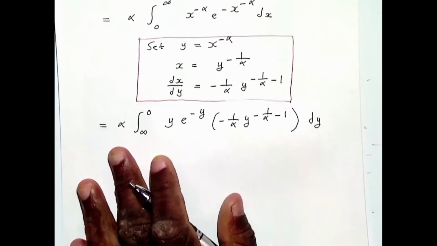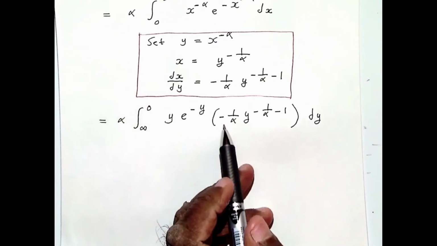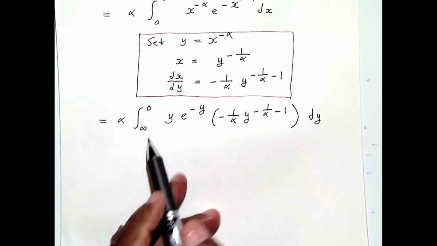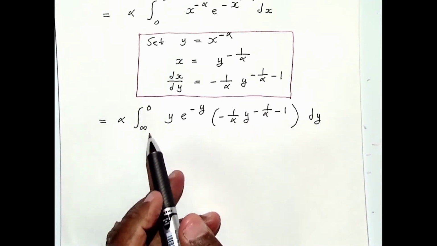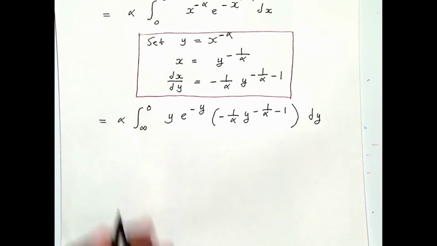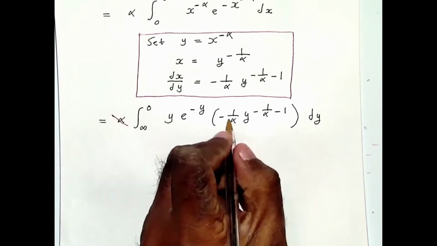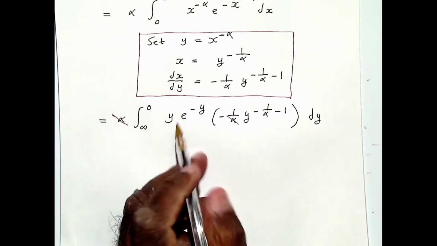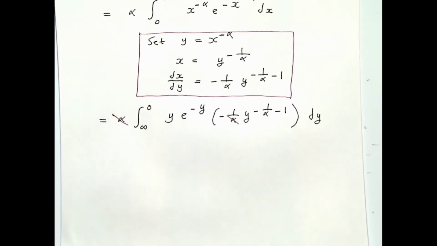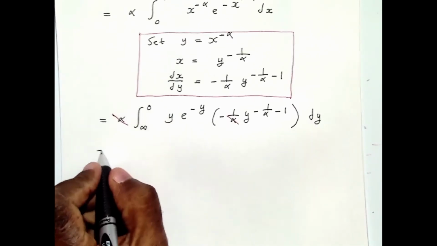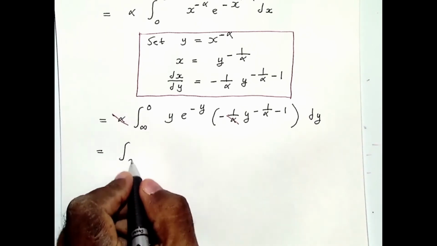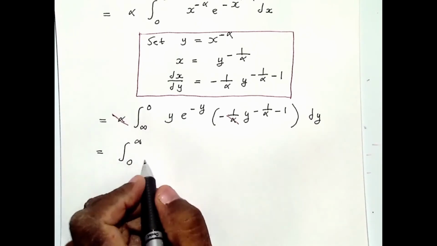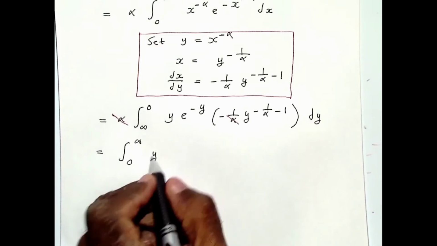Now I'm going to use the minus sign here to change the limits from infinity to 0 into 0 to infinity. The two alphas cancel out, and the y you can multiply with this, so you'll get the following: 0 to infinity of y.